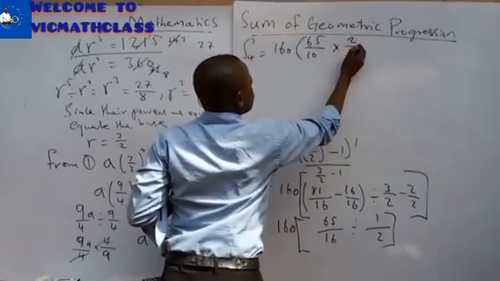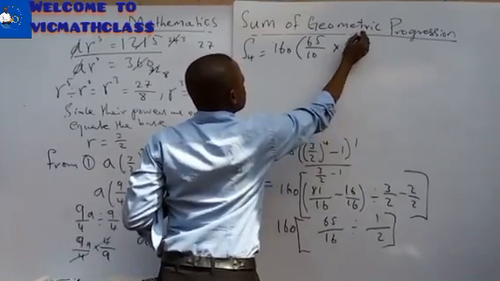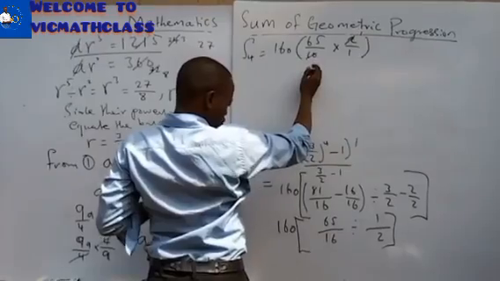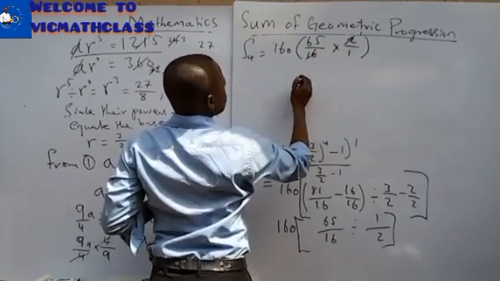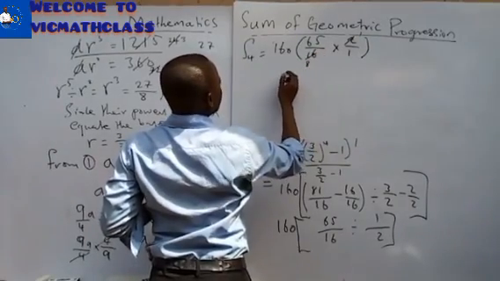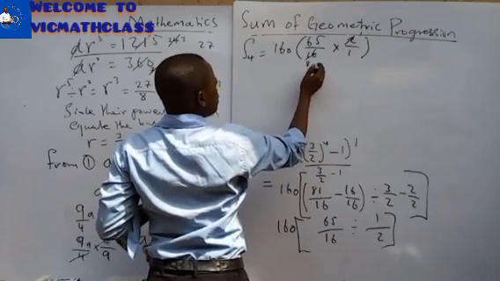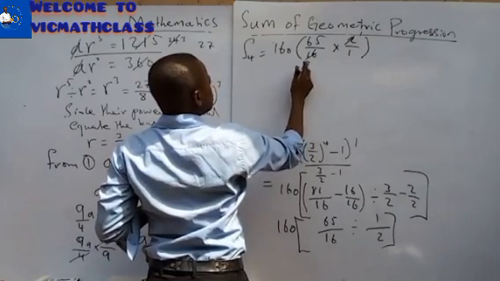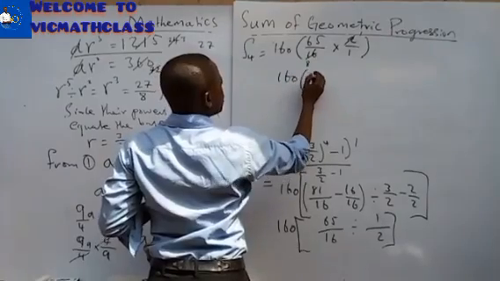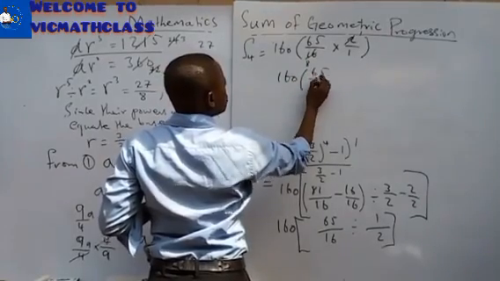Okay, 2 over 1. So 2 cancels itself, and 16 becomes 8. So finally, this is 160 in bracket 65 over 8.